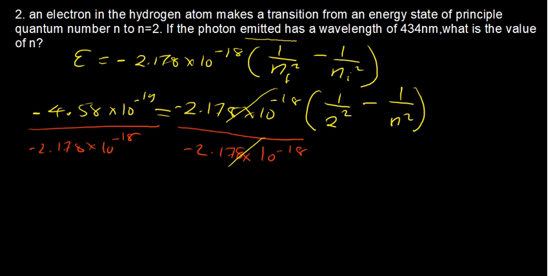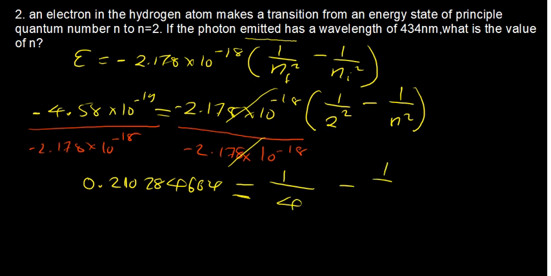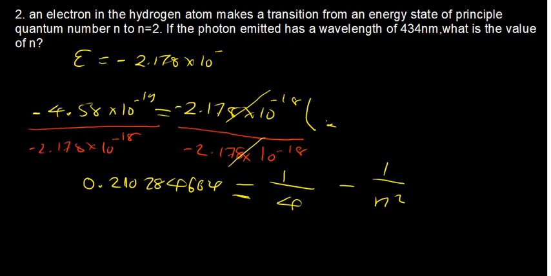So if we divide negative 4.58 times 10 to the power negative 19 by negative 2.178 times 10 to the power negative 18. Oh, sorry, this is negative 19, that was an error. So that is supposed to give us a value of 0.210284664, and then should be equal to this part. So that will remain 2 squared, which is a 4, then minus 1 over n squared. Alright, so that is what we are going to find.